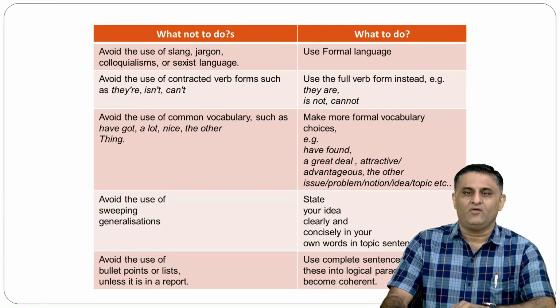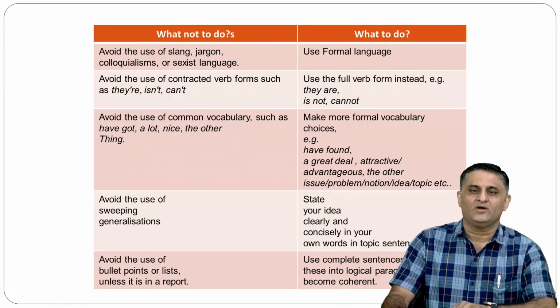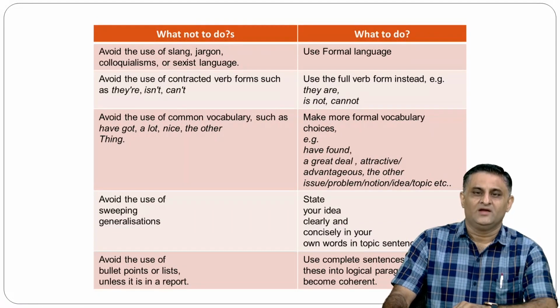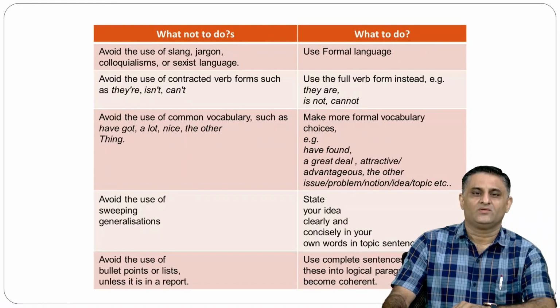Number one, avoid informal language. The image stresses the importance of avoiding slang, jargon, colloquialisms, or any informal language, and suggests using formal language instead. This ensures that writing maintains a professional and objective tone.